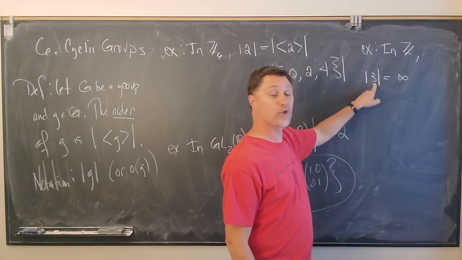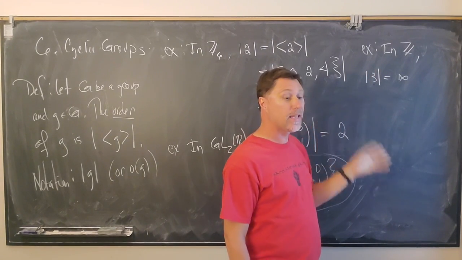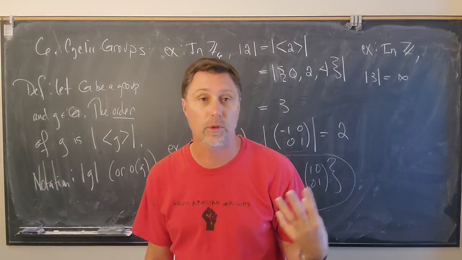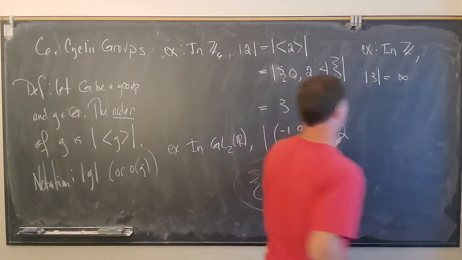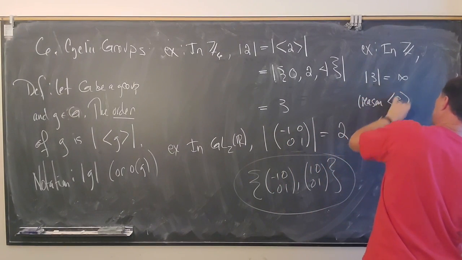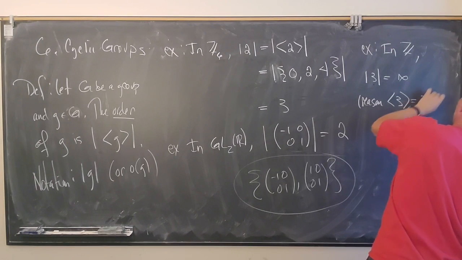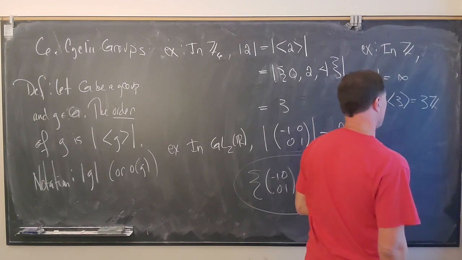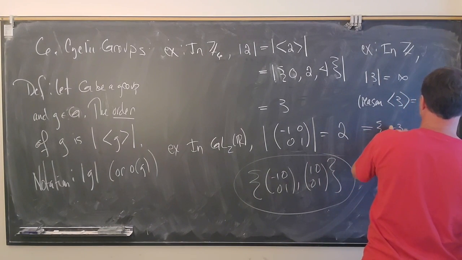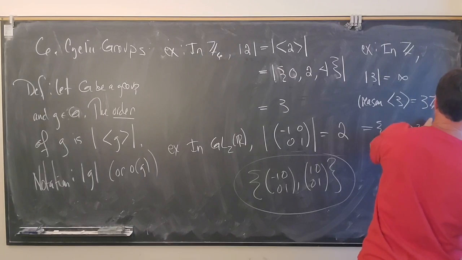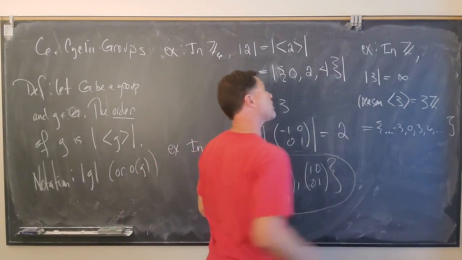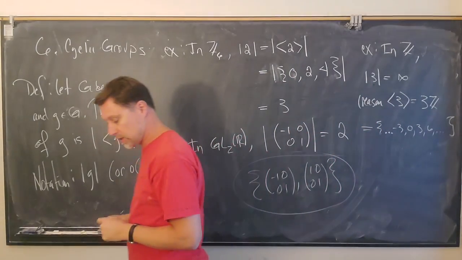So the subgroup generated by little 3 is an infinite subgroup of Z. In fact, it is the set of all multiples of 3: dot, dot, dot, -3, 0, 3, 6, and so on. That's an infinite set, which tells us the order of that element is infinite.